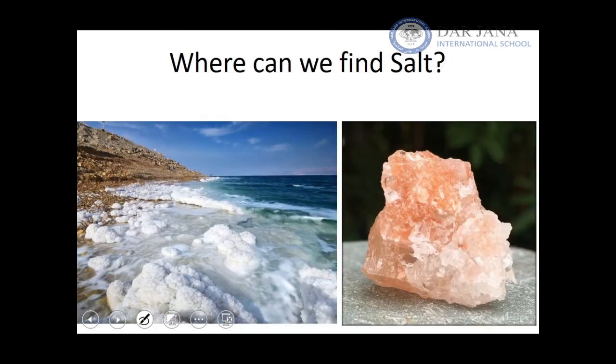So where can we find salt? Obviously at the sea, and salt sometimes is found as rocks like Himalayan salt. It has salt and of course other minerals with it.